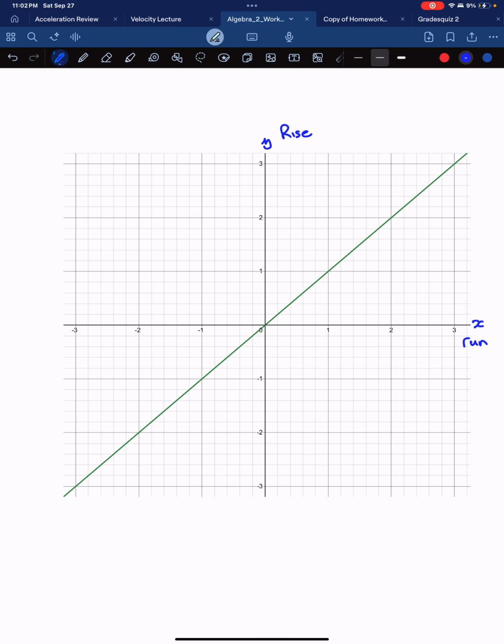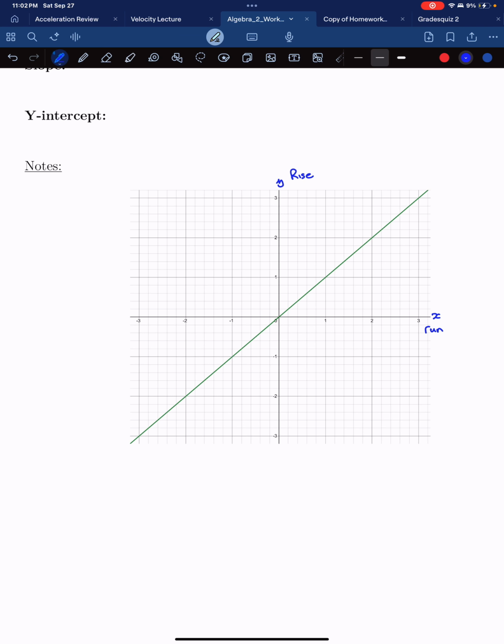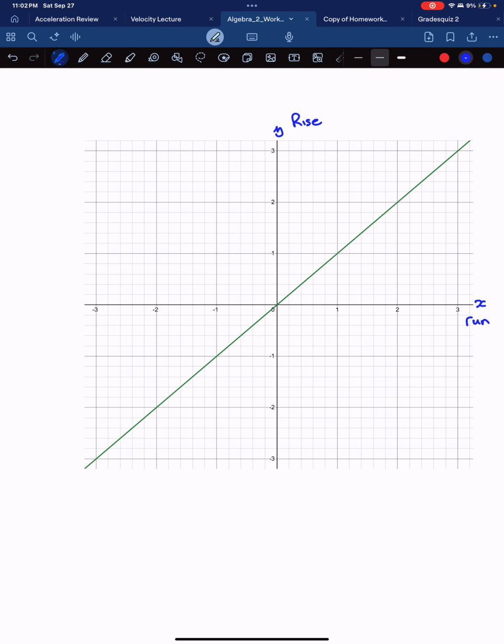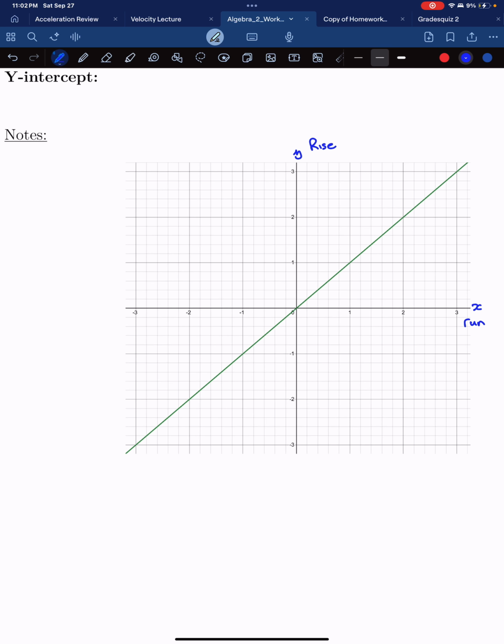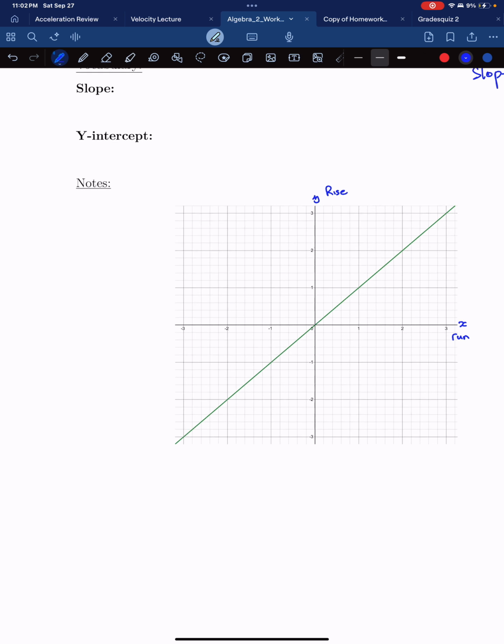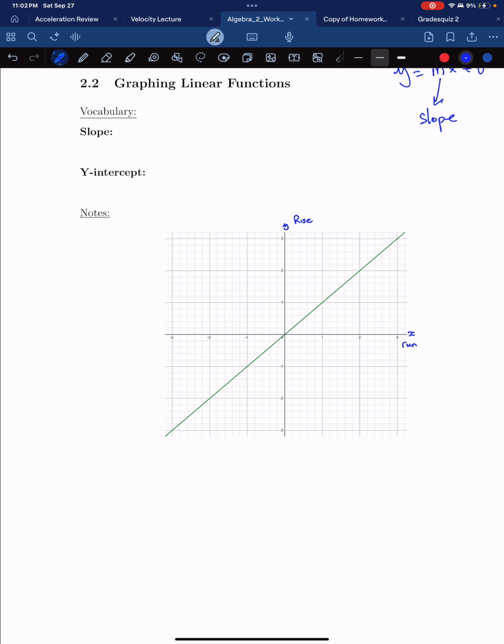But anyway, what's the formula for the slope? I told you it's a ratio between the change in the y direction and the change in the x direction. So where are these changes in y and changes in x?